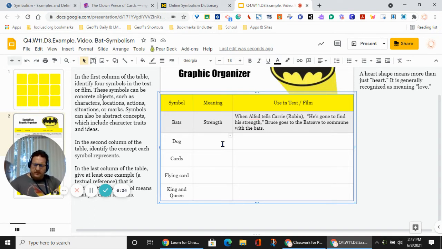So I'm going to put here for dogs, I'm going to put helpfulness. And in the text, well, how does that symbol of a dog represent helpfulness? Well, Ace the dog is the character who ultimately beats Joker.